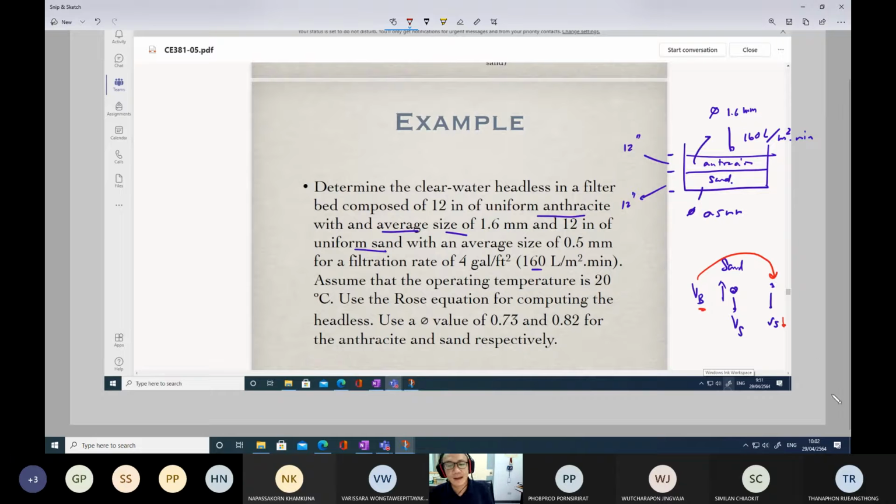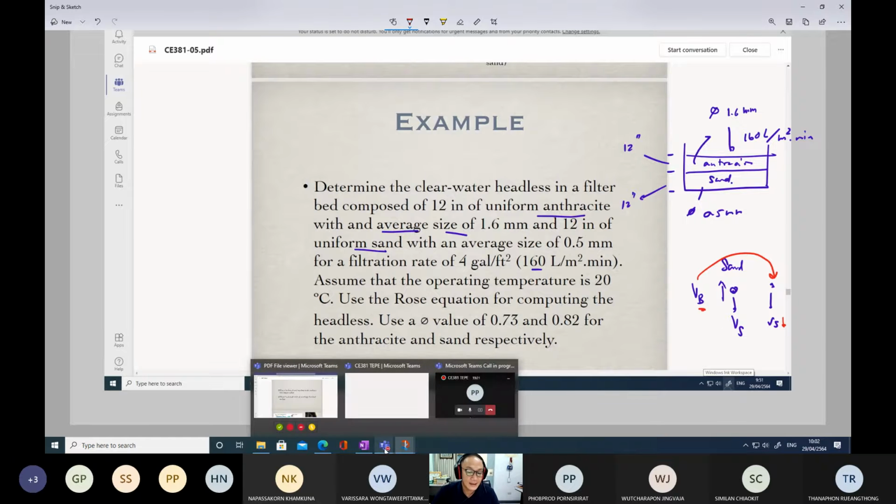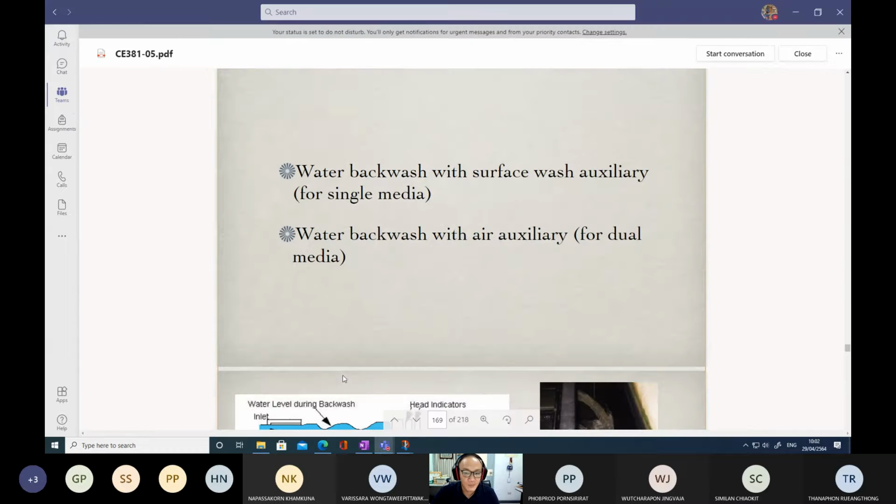That is probably the reason why for a dual media we need the air auxiliary. So we need to blow the air together with the water. But if we only use sand, a single media, the air may not be required during backwashing.